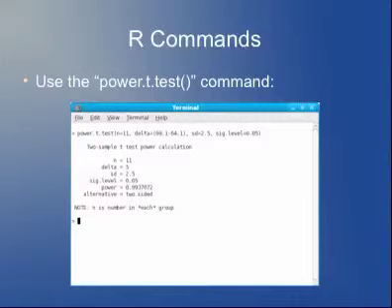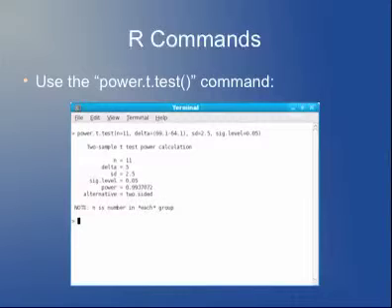Well, the command that you use in R is power.t.test, and this is kind of an unusual command in R in that it takes 5 possible parameters, and you have to specify 4 of them, and whichever one you don't specify, it gives you. So in this case, I give it the 4 possible parameters.